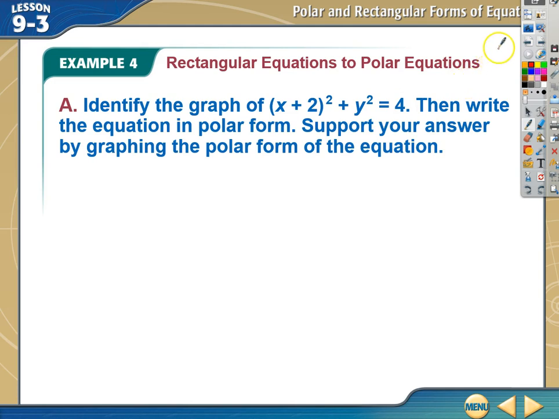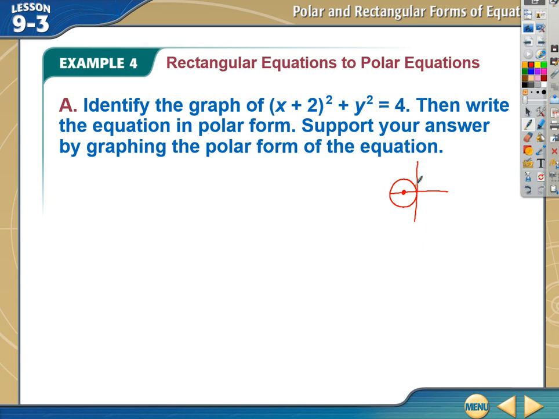So when I graph this, -2, 0, there's my center, and it has a radius of 2. There's my circle. And I want to write an equation in polar form, so in other words, r equals.